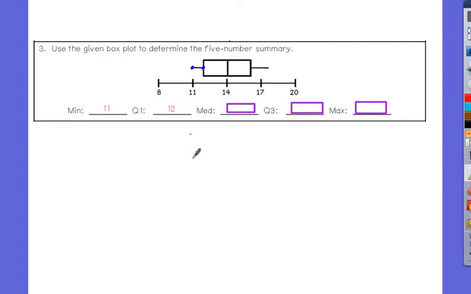I agree, that would be a 12. My median is here. What number is that? 14. Quartile 3, what would that be? 16, I agree. And my maximum? 18.